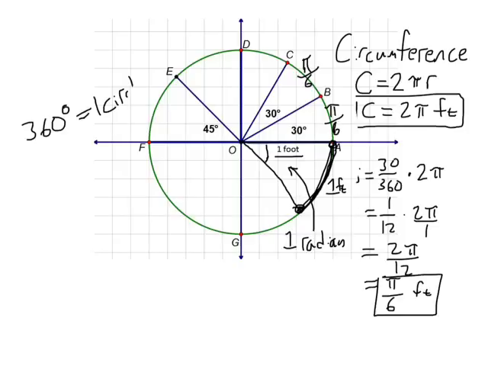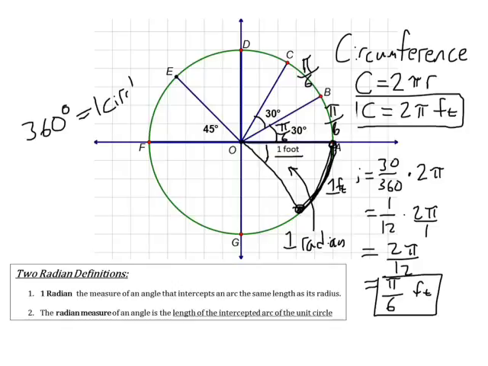If we have an angle that cuts off pi over 6, then this would be a pi over 6 radian angle. And this angle right here is another pi over 6 radian angle. So we end up with two ways to define radian measure.